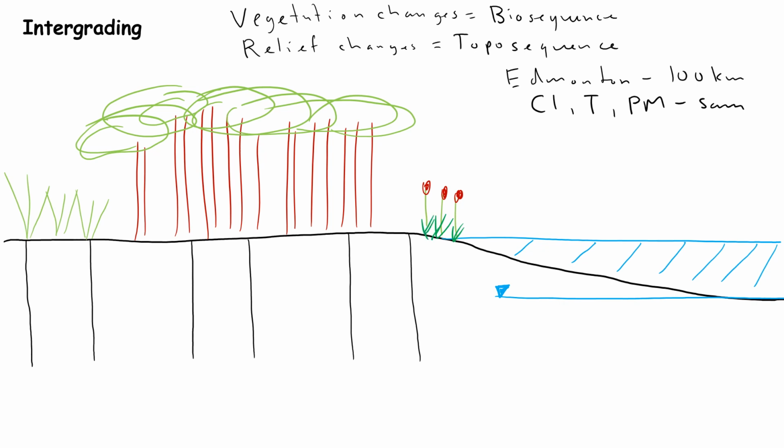So this is our changing vegetation over this biosequence, where we're going from grasses to aspen dominated to wetland dominated type species. And there's a slight relief change here too, where there's a general slope down to water, to a wetland or an open pond, and we have a water table.